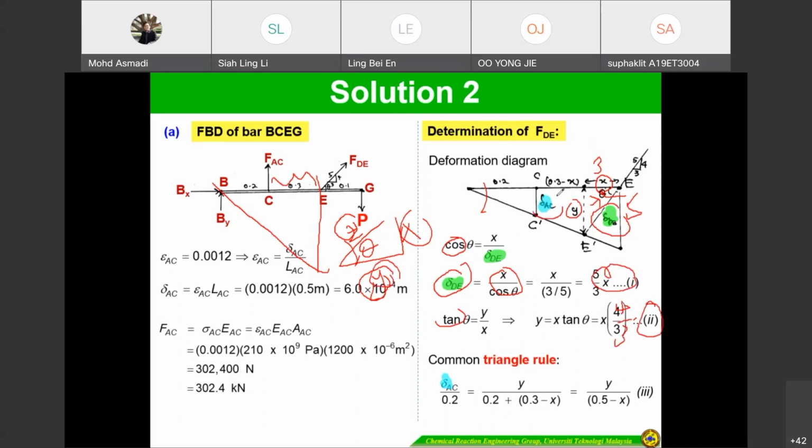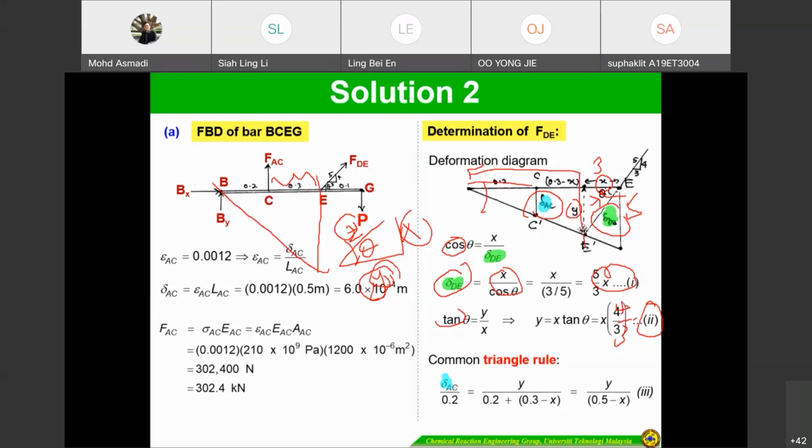So for the delta AC, if you look at here, delta AC is divided by 0.2. So we can get this one also divided by this one. Just by using a ratio, delta AC divided by 0.2 and y divided by 0.2, because the angle is the same.